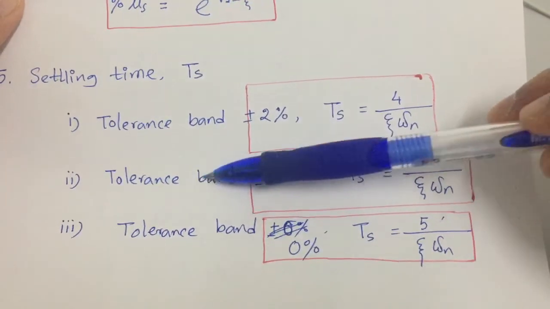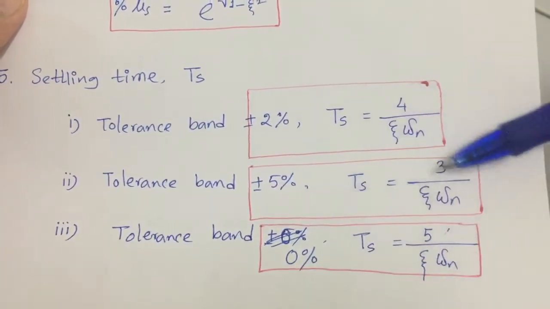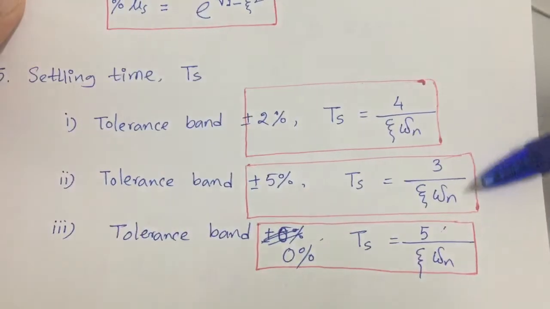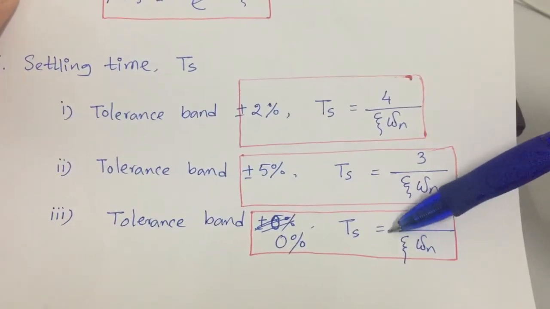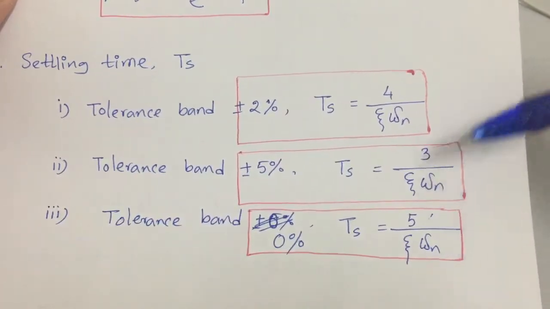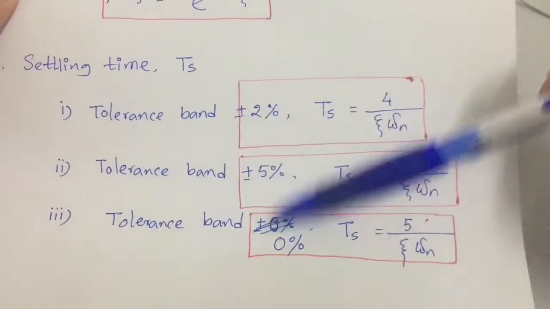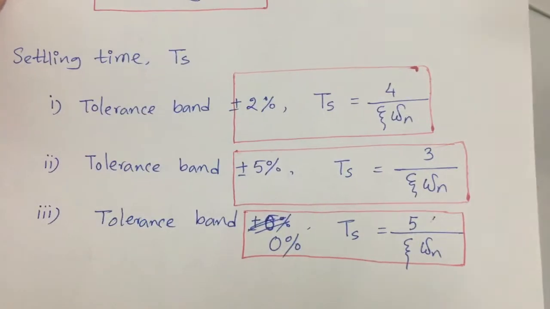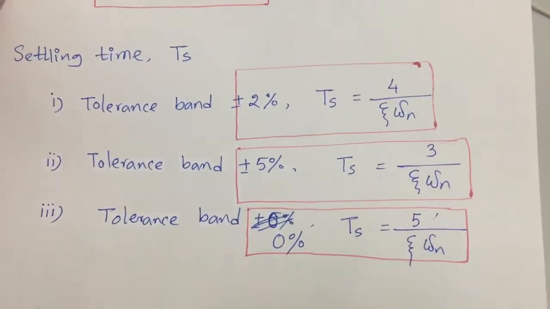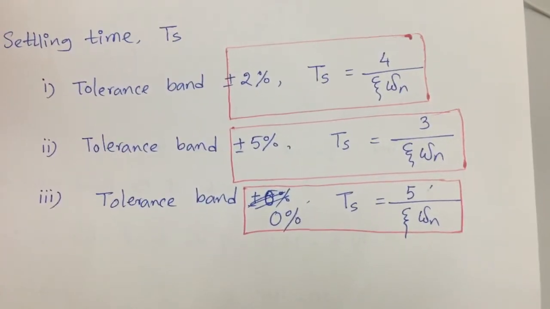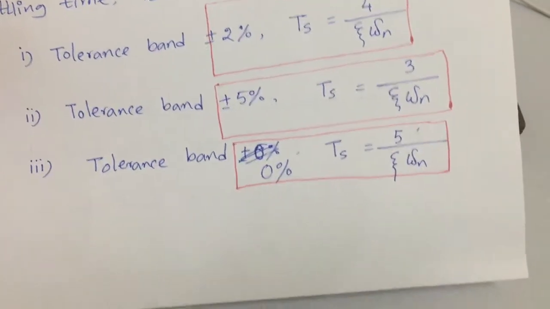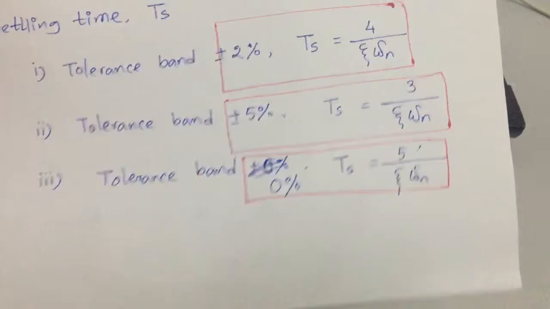If the tolerance band is plus minus 5%, then Ts will be 3 over zeta omega n. If the tolerance band is 0%, then Ts will be 5 over zeta omega n. So you need to check which one you are looking for in the question. If it's in the question, then check which band they are asking for. If not, then you need to find all.